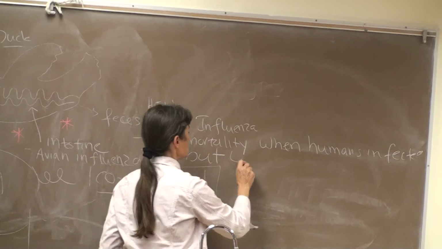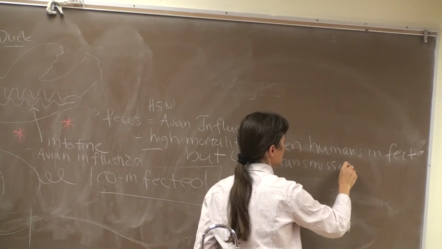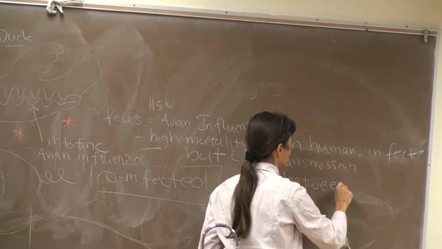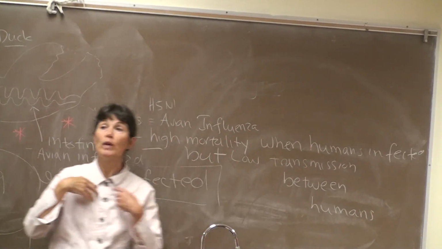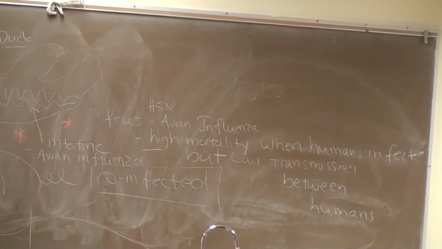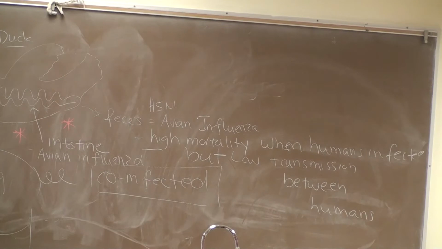So, low transmission between humans, right? If we get infected, very rarely will we transfer H5N1 between ourselves. Almost all the human cases have been people that have been infected by working with infected birds or bird products.